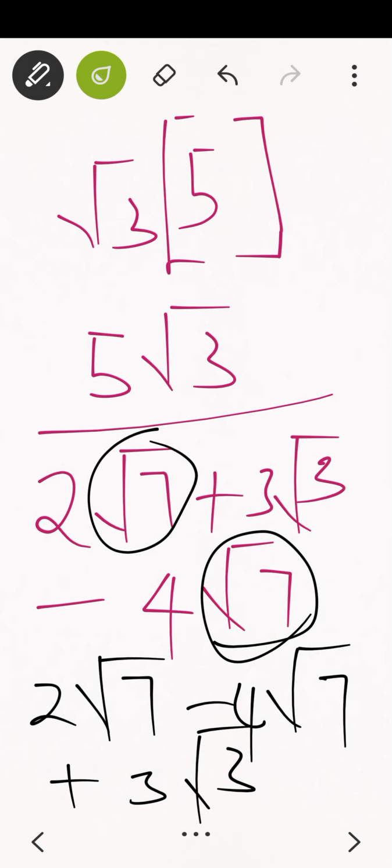So you can decide to treat this root 7 to be like x. So you have 2x minus 4x. But in proper terms, you can decide to factorize because we have root 7 here and we have root 7 here. So if I decide to factorize, then we are going to have 2 minus 4 in the bracket. Root 7 will come outside.